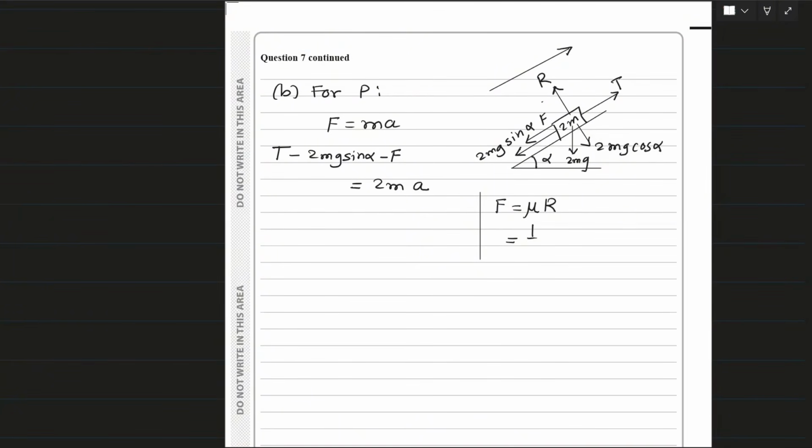The coefficient of friction is 1/8, and the reaction force in our case is equal to the component of weight perpendicular to the plane, which is 2mg cos alpha.